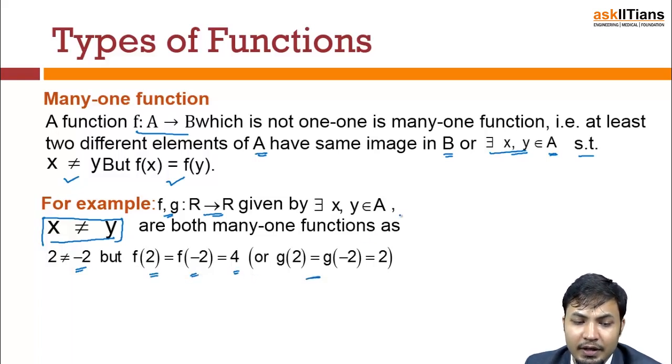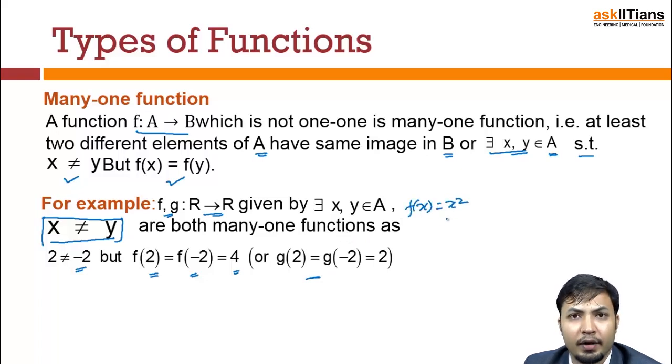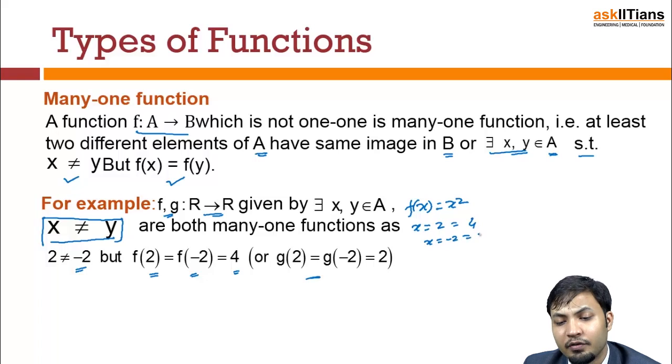Now can you give an example of this? This would be f of x equals x square. Over here x can be equal to 2, which will give me 4, or x can be equal to minus 2, which will again give me 4. So that becomes an example of a many one function.